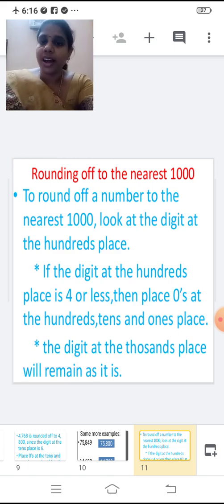So if the digit at the hundreds place is 4 or less than 4, what do we have to do? We have to place zeros at the hundreds, tens and ones place. Yes. And the thousands place will remain as it is. Thousands place will not change.